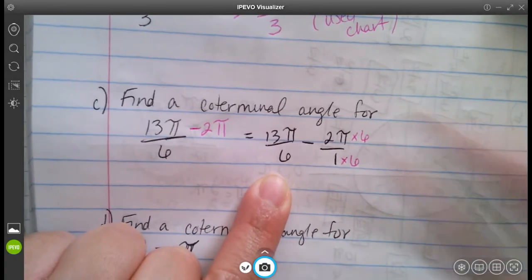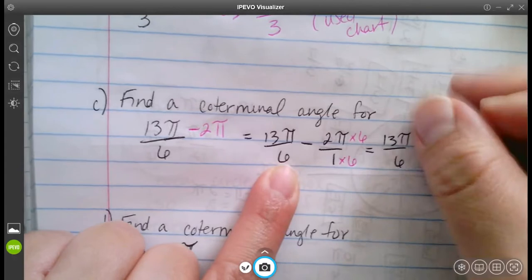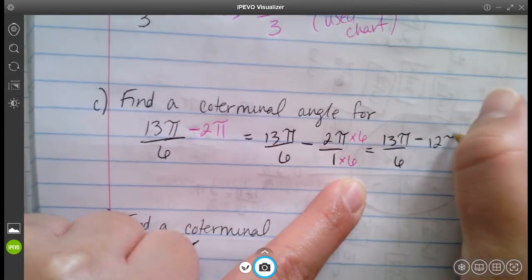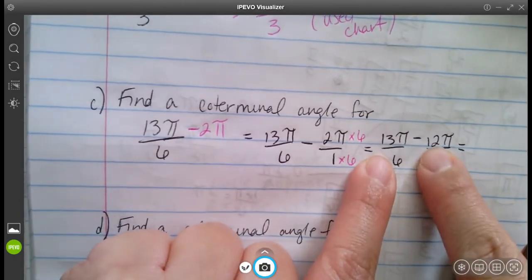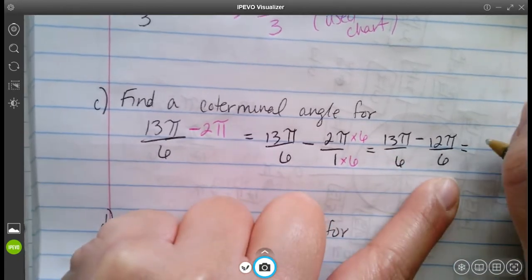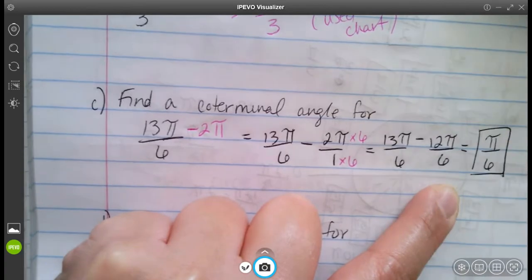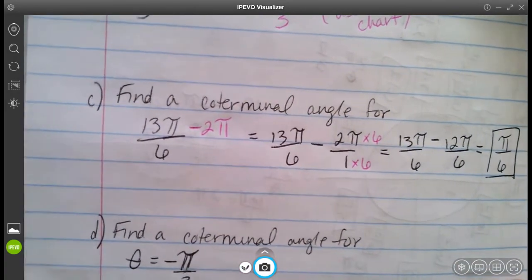That's going to give me 13 pi over 6 minus 2 times 6 is 12 pi over 6. We combine the whole numbers, 13 minus 12 is 1 pi over 6. So my answer is pi over 6, and this is one possible answer.